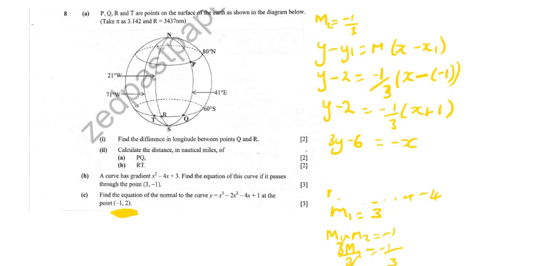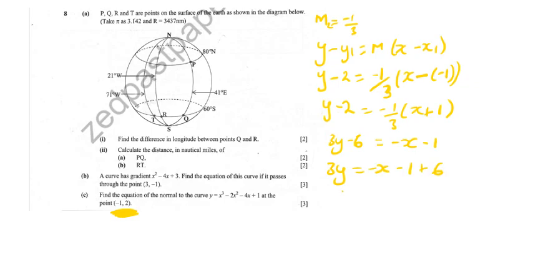Negative 1 multiplied by positive 1 will be negative 1. So when you group this as like terms, you are going to have 3y is equal to negative x minus 1. This will be positive 6. So 3y is equal to negative x plus 5.